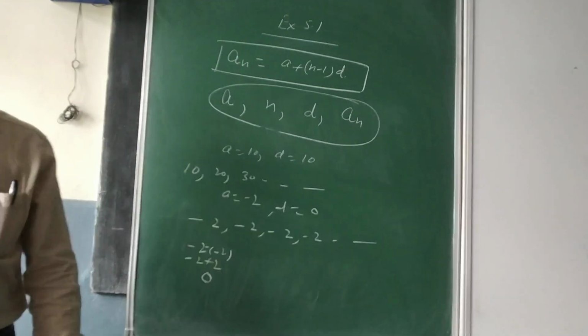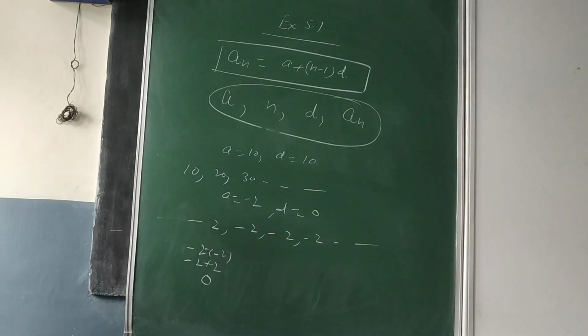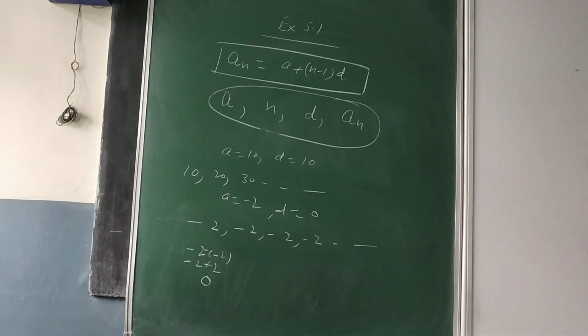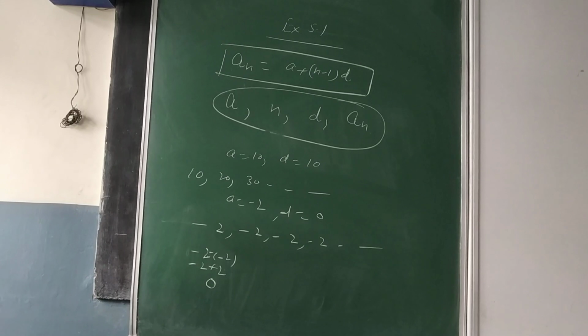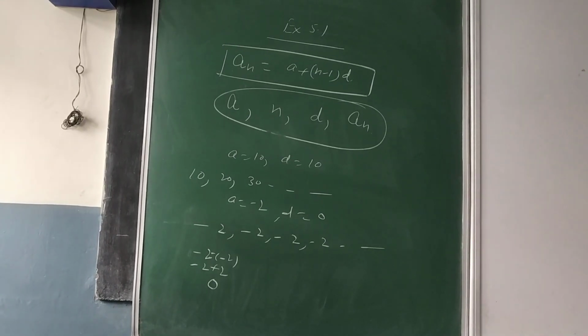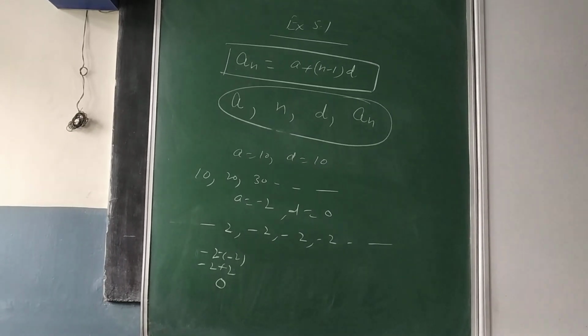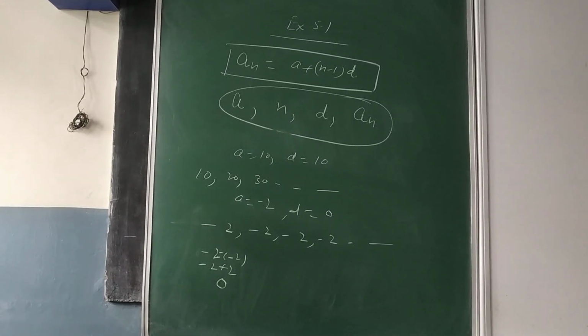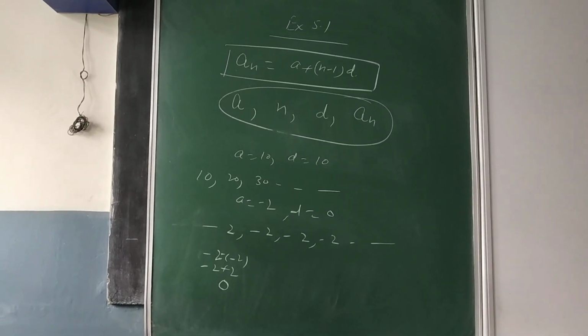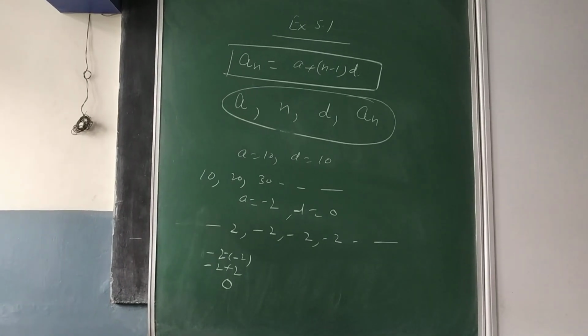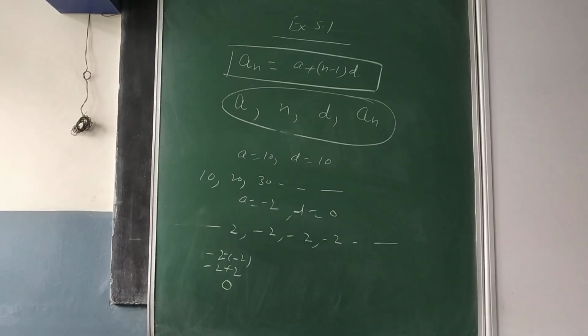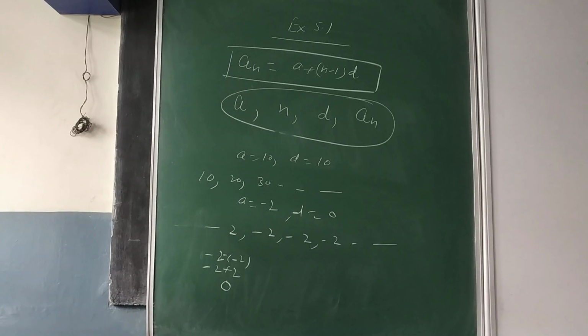Hence this is an arithmetic progression. And similarly you have to try the other parts also and check whether you are in a position to do these additions and subtractions, or how to write down the next terms of the arithmetic progression. So keep on adding the common difference to the successive terms with respect to the previous terms, and you will get the arithmetic progression.